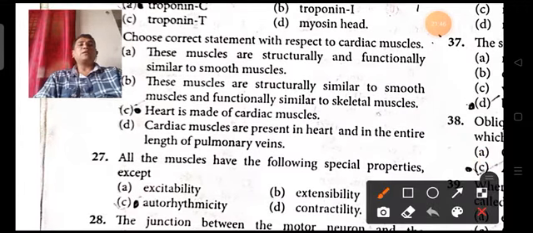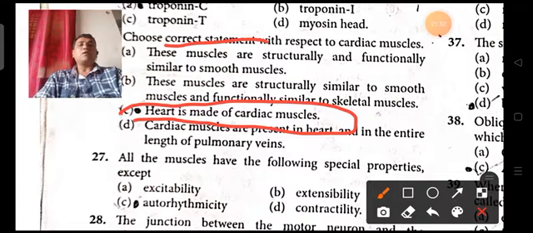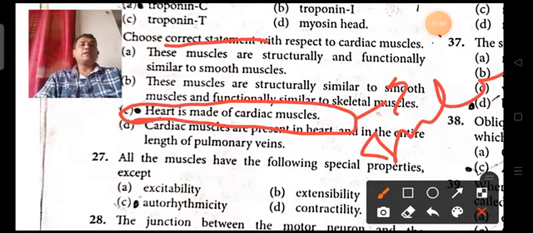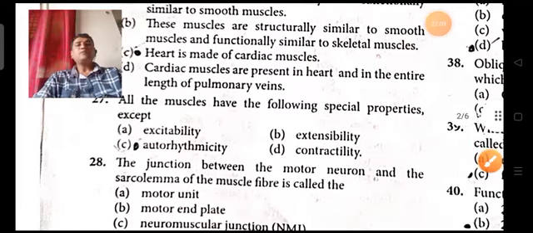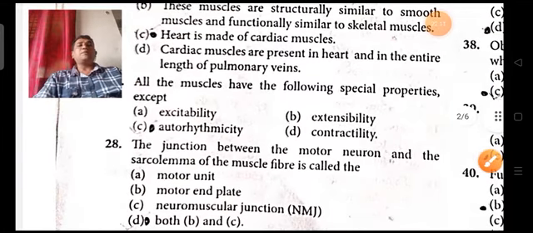The most correct statement in this all is heart is made up of cardiac muscles, also called as intermediate muscles, which are having the involuntary function, and striated muscles. So answer is C.